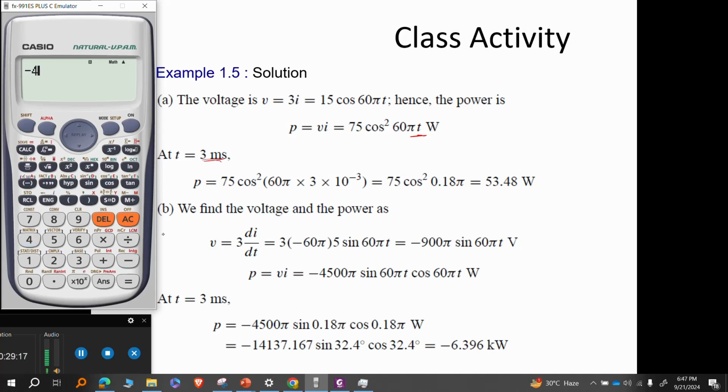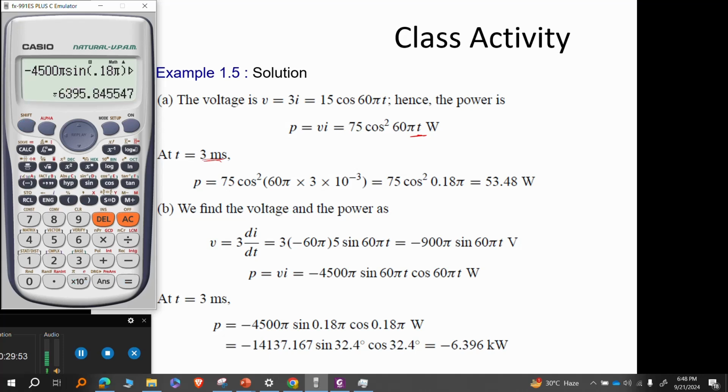So the value is minus 4500, shift and pi, then sine 0.18 pi, brackets closed, then cos 0.18 pi.